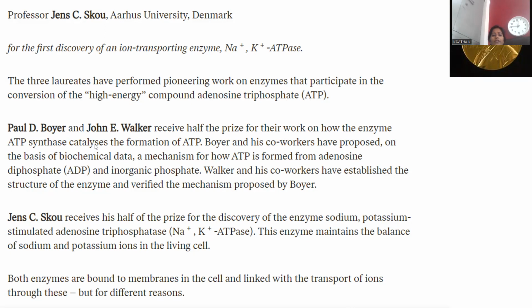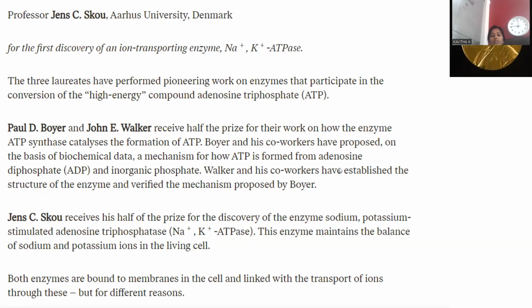Paul D. Boyer and John E. Walker received the Nobel Prize for their work on how the enzyme ATP synthase catalyzes the formation of ATP. How the enzymatic synthesis of adenosine triphosphate is possible was unveiled by these two scientists together.